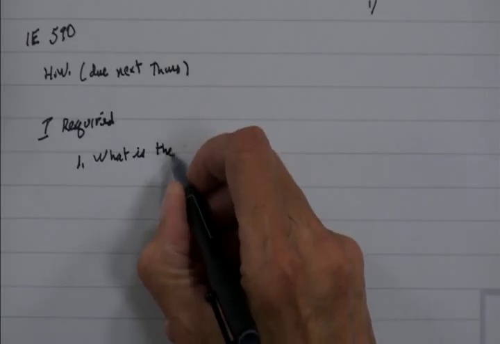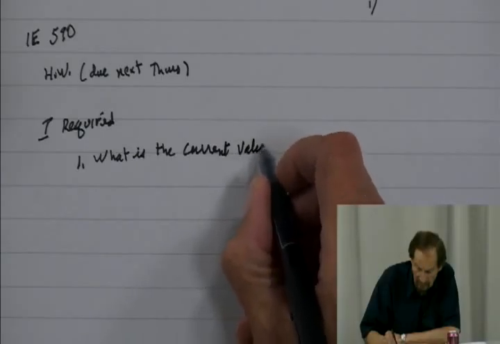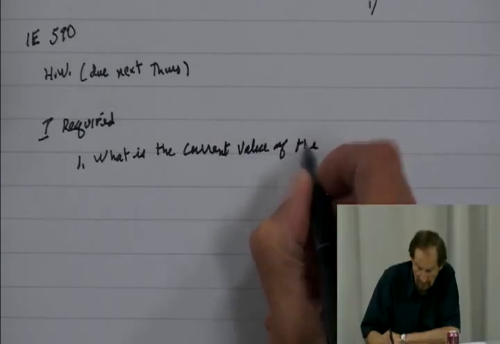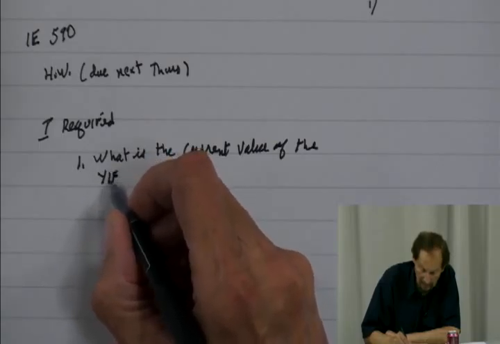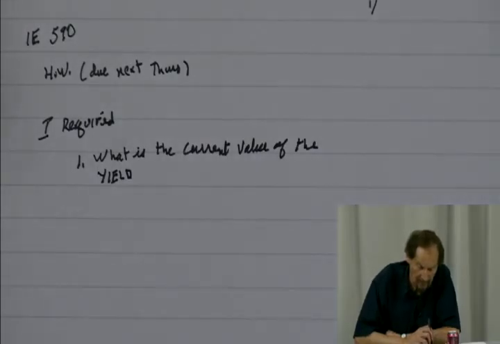Now, we have a number. First, we'll talk about the required problems. We'll have one. The first one is, what is the current value of the yield on a fixed income security?